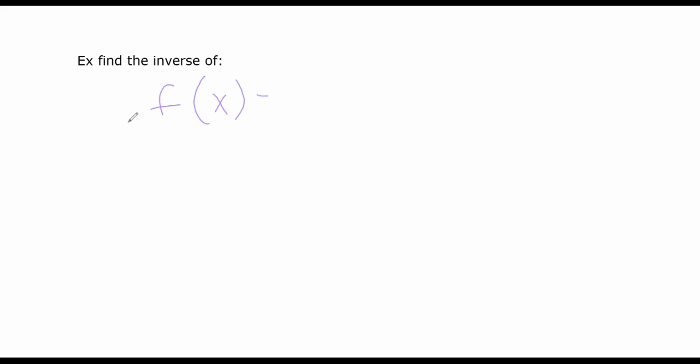So let's say you've got the square root of negative 3 plus x. And we want to find the inverse of this function. We want to find the thing that kind of undoes this function.